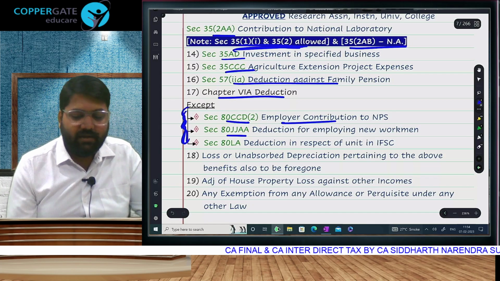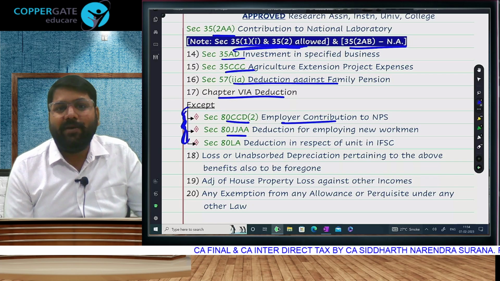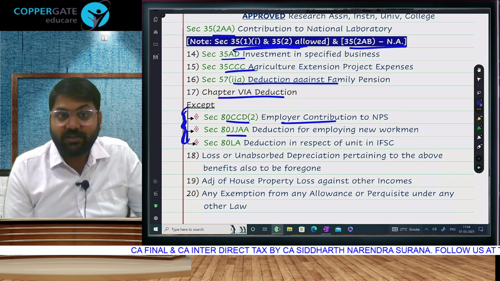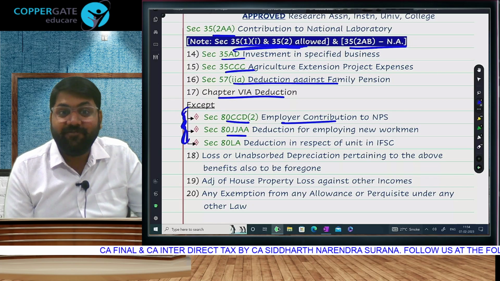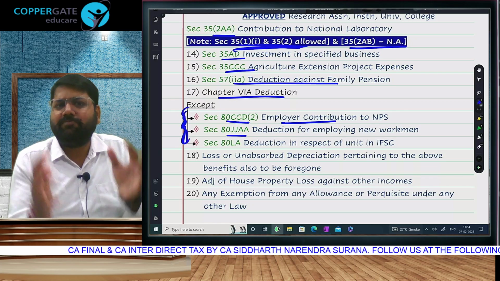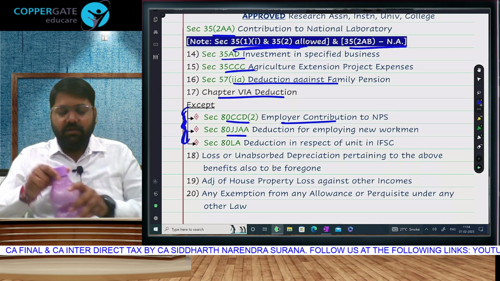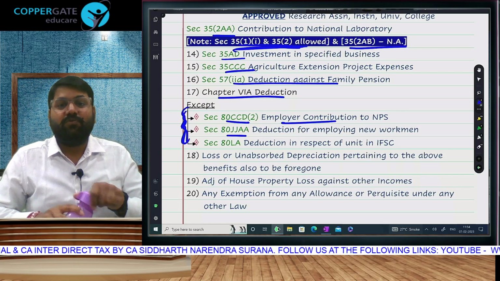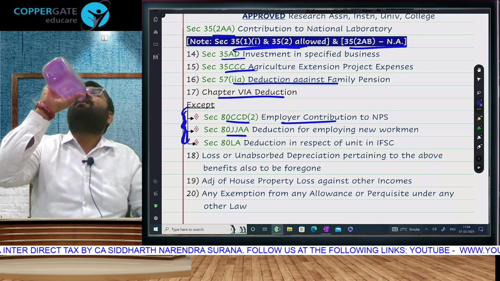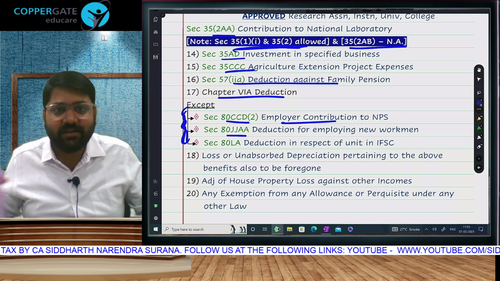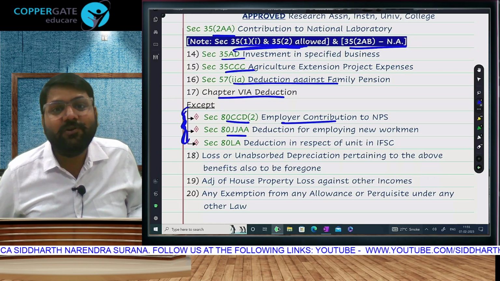80JJAA, deduction for employment of new workmen, 30% of the additional employee cost. This is one deduction that they have tested repeatedly in the big MCQs. Case study based MCQs: they give you income as per old regime, and ask you to calculate as per new regime. So we have to disallow certain deductions, but this will not be disallowed.